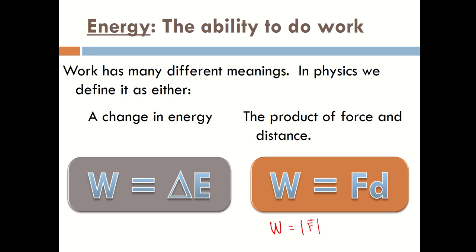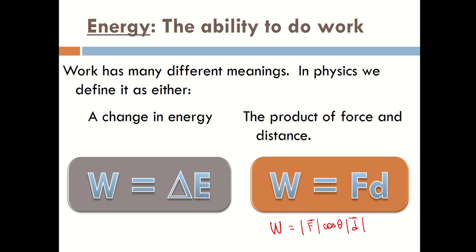That's why we don't include the arrow here, because we just drop the arrow, which means this is the magnitude only. And same thing with the distance. We drop the arrow because that's the magnitude only. But again, the proper or full definition looks like this. We have the absolute value of the force vector, so the magnitude of whatever the force is, cosine theta times the magnitude of the displacement.